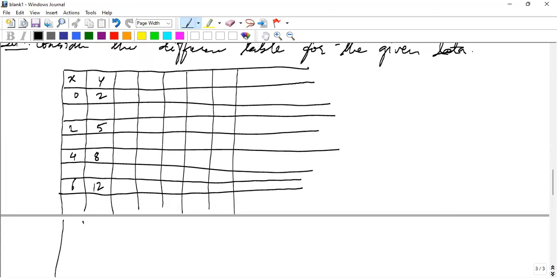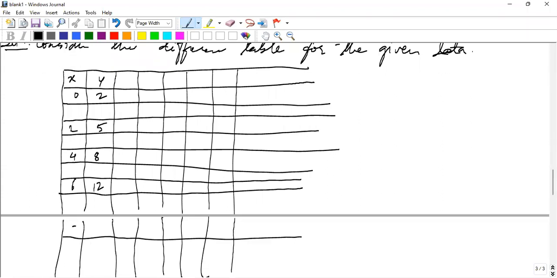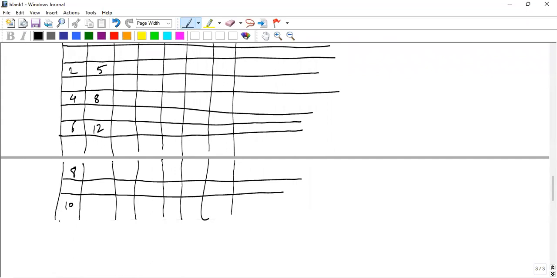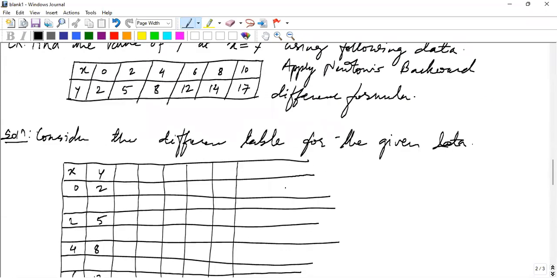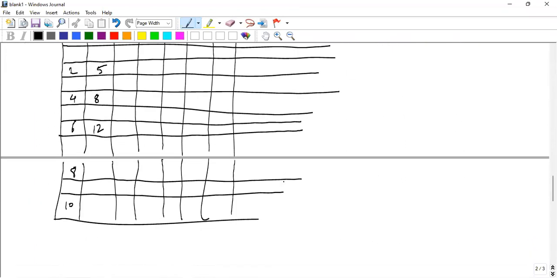We'll continue this table here. Of 8, 10. What are the corresponding entries? 14 and 17.